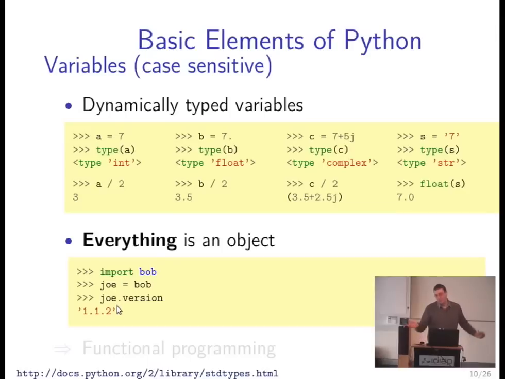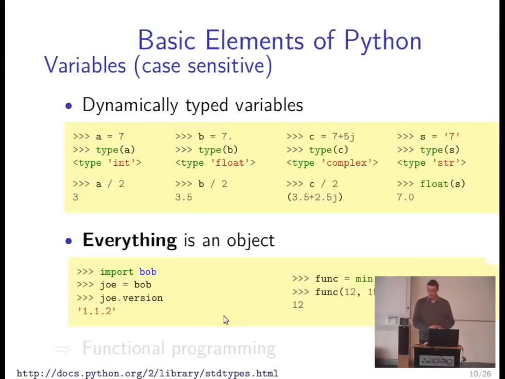For example, Bob has a member called version, so you can say bob.version and joe.version and you will get the version of Bob. We will use this later when we have long names that we import, so that we can just make an abbreviation.